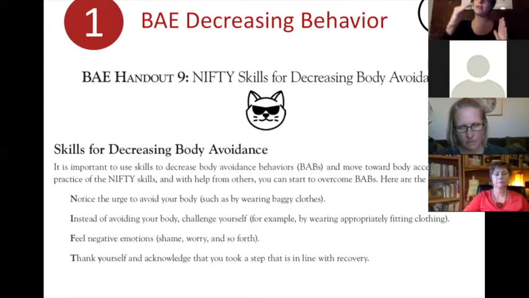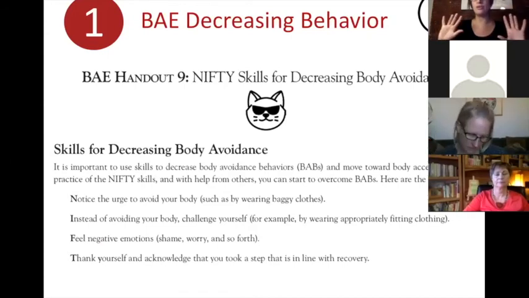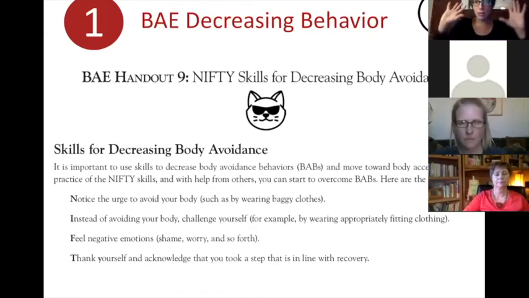The reason why things are ordered in this way is that we want to start with mindfulness, then move into mindfulness of the urge and the issue that's coming up, wanting to avoid, shifting into challenging yourself rather than engaging in the eating disorder behavior. So choosing recovery.